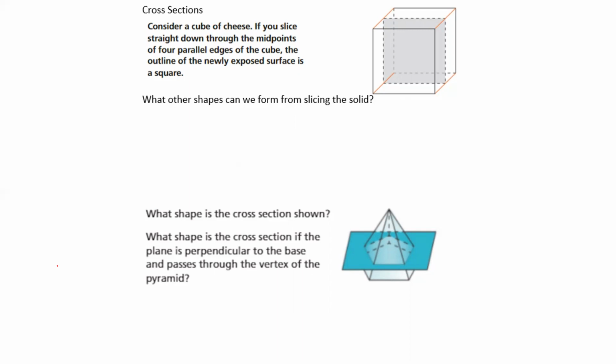So I want you to think about how you could slice it to form different shapes. Think about what shapes you can make and how you would have to cut it.